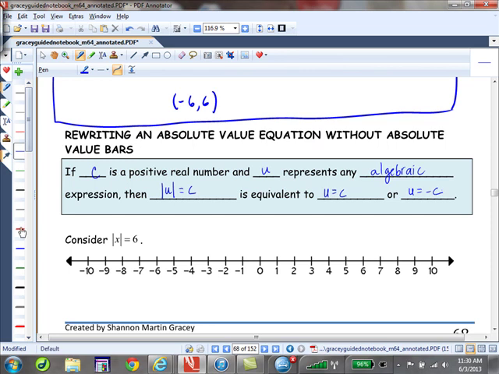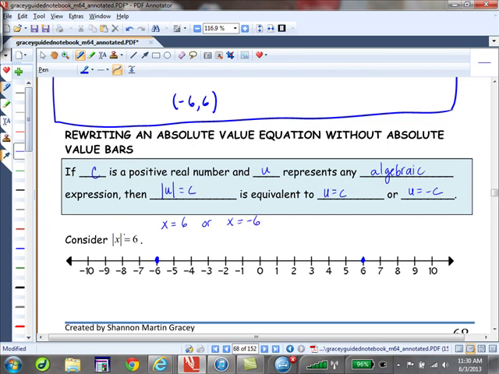So here we go. If we were to actually graph this, you don't usually graph them in this form, but do you see that 1, 2, 3, 4, 5, 6, you could actually plot that single value. That's 6 units away. And then 1, 2, 3, 4, 5, 6, -6 is 6 units away. So when you're solving these, you would say x would equal 6, or x would equal -6.